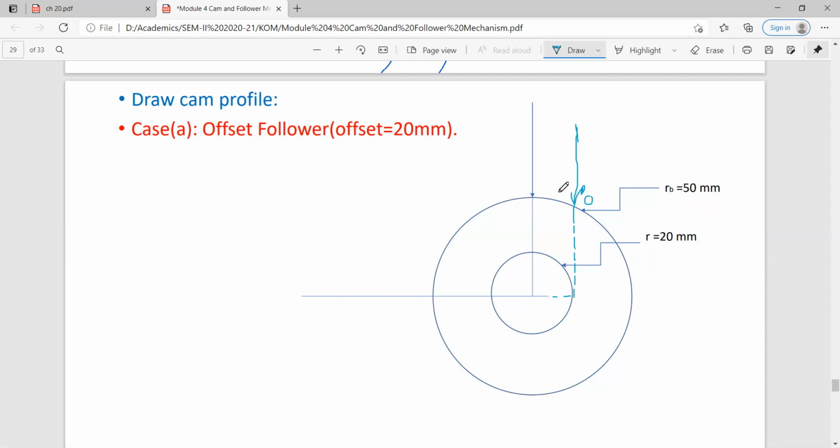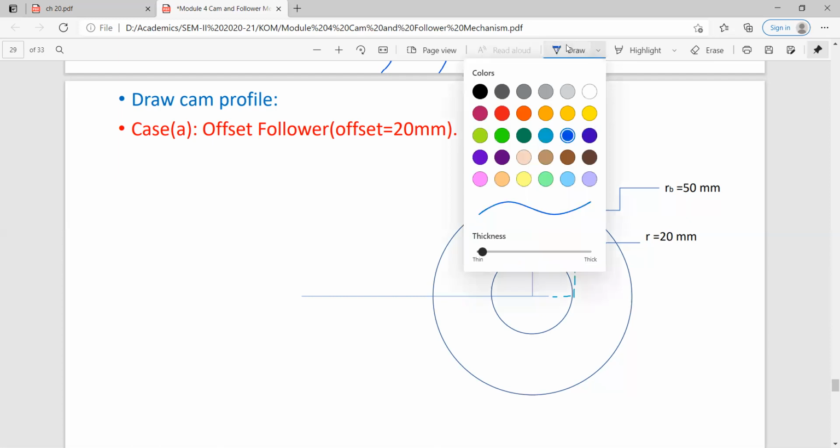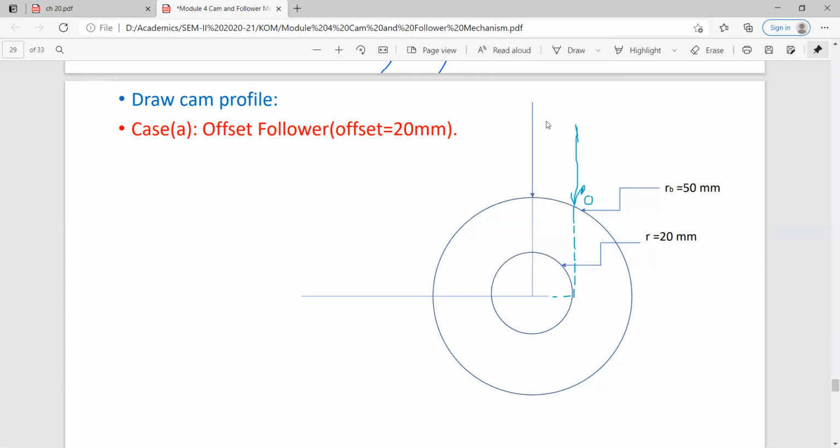Correct. Now what you have to do, you have to join this point O with the center of cam. It will look like this. And now from this line, say line O1O, you have to start measuring the angle.